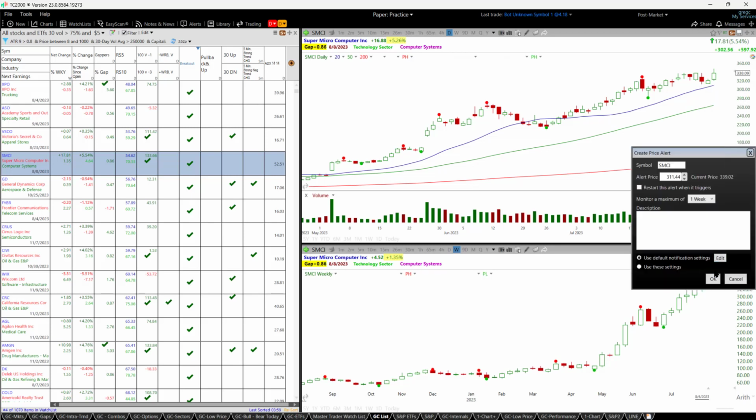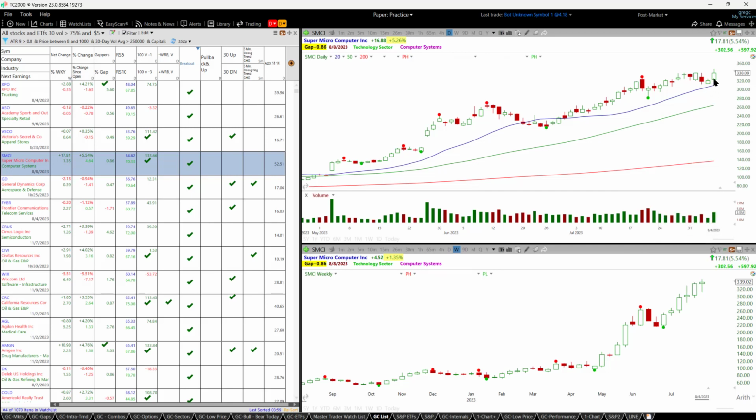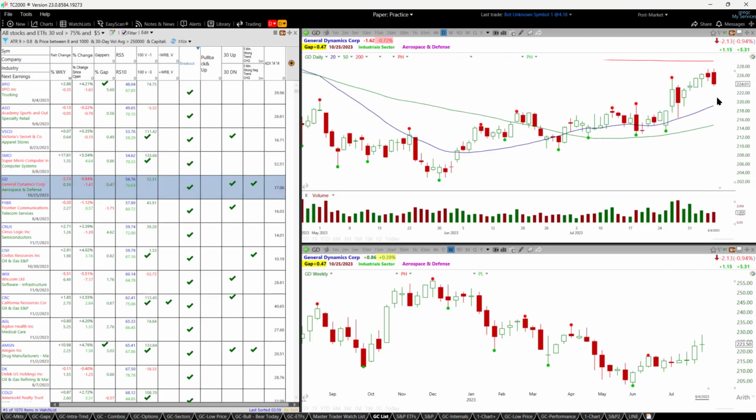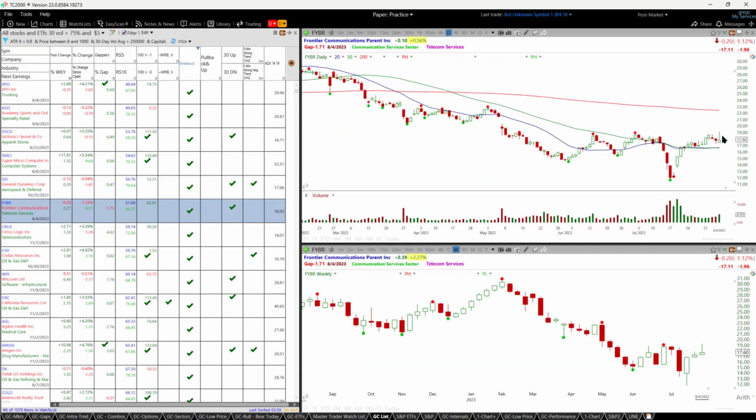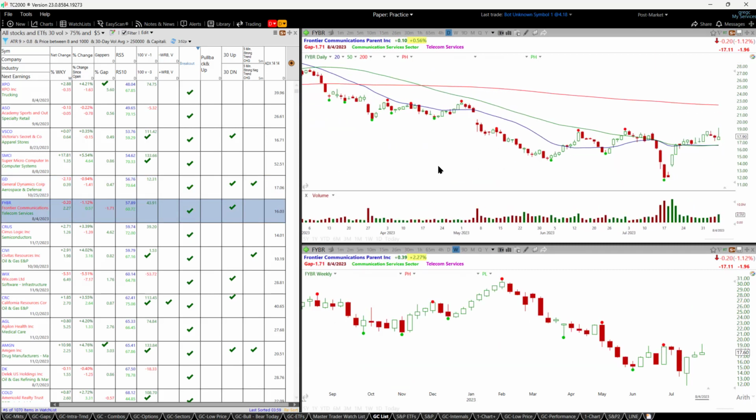Because if this breaks down and this turns out to be a breakout failure, it could be a good idea for short-term call spreads. And even day trading, it may go down since it's extended. So set alert. General Dynamics. Came right back in again. Little breakout failure. You can see how we can find ideas.